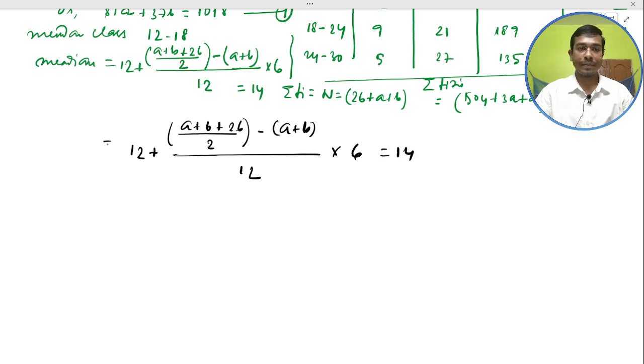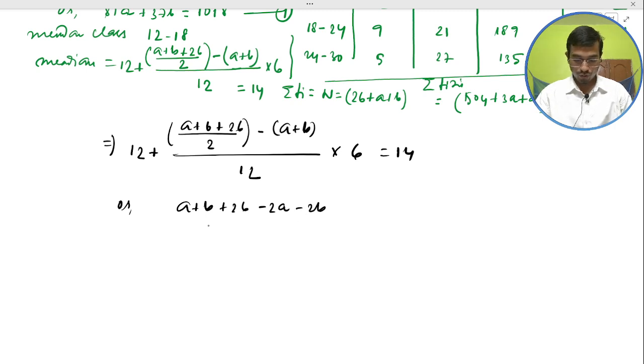This is equal to 14. Solve this. You would get (a plus b plus 26 minus 2a minus 2b) divided by 2 equal to 4, or a plus b equal to 18.